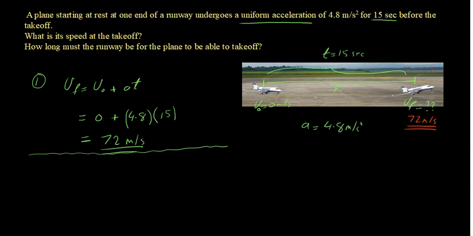I will use first the distance equation: x equals v naught times t plus half of the acceleration times t squared. Now, I know the initial velocity is 0, times whatever, that will be 0, plus half of 4.8, and I know the time was 15 seconds, and I'll square it.